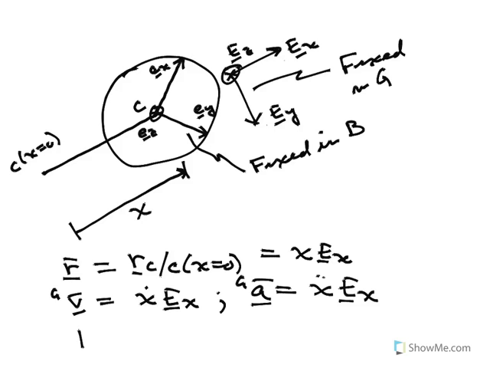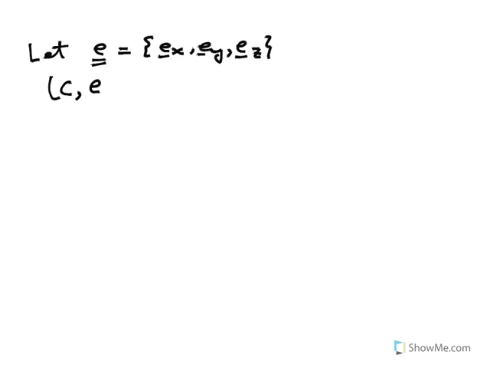The next thing I need is the angular momentum relative to the center of mass. This is equal to the moment of inertia tensor of the body multiplied by the angular velocity of the body in the inertial frame. In this particular case, we're going to say let E equal Ex, Ey, Ez. So now C together with this basis E is a principal axis coordinate system.